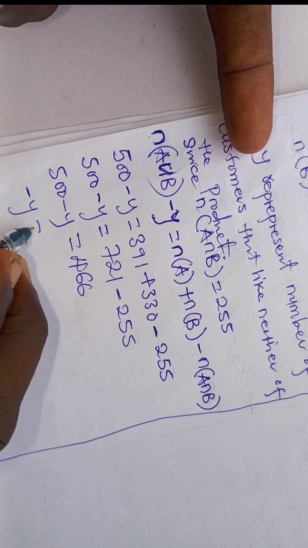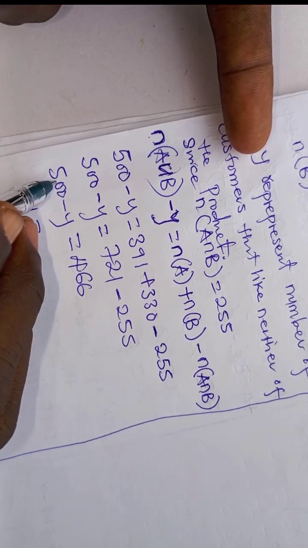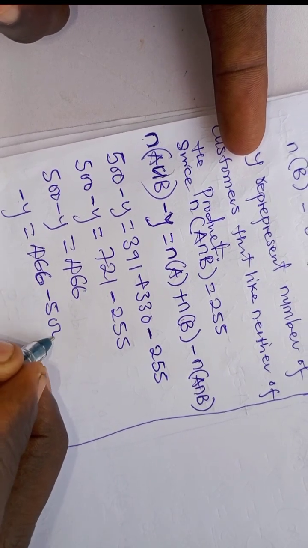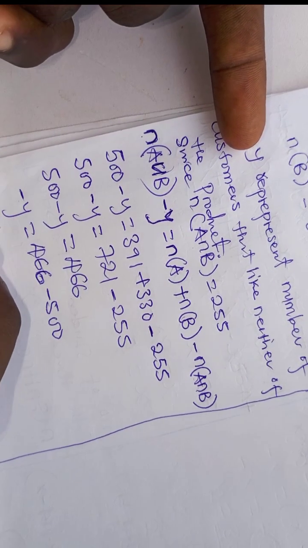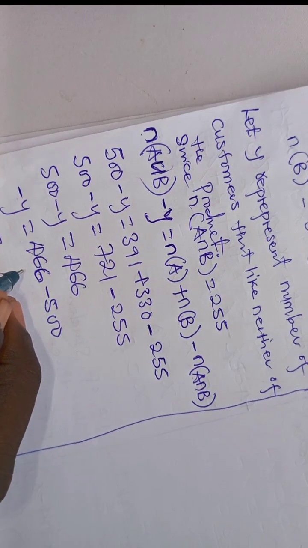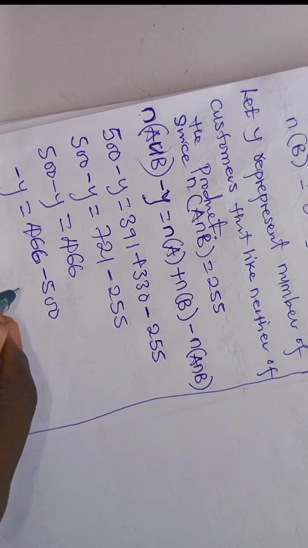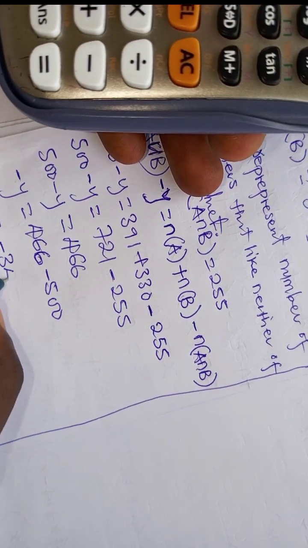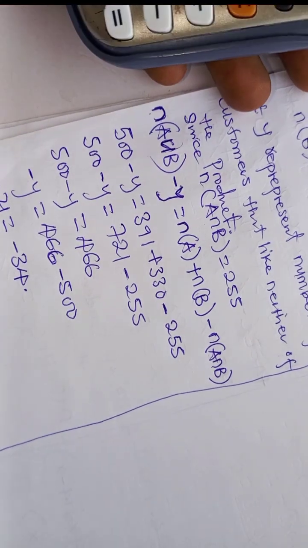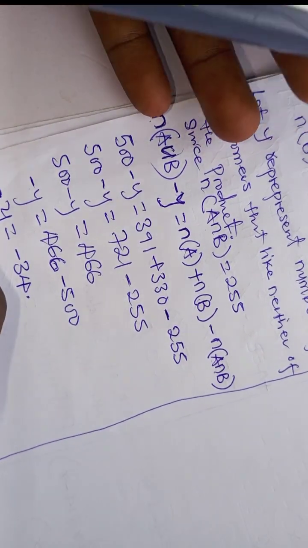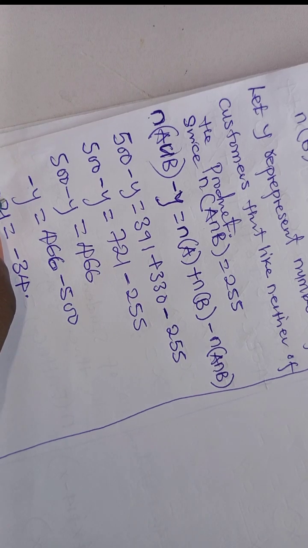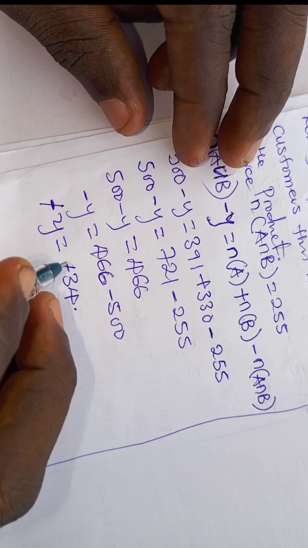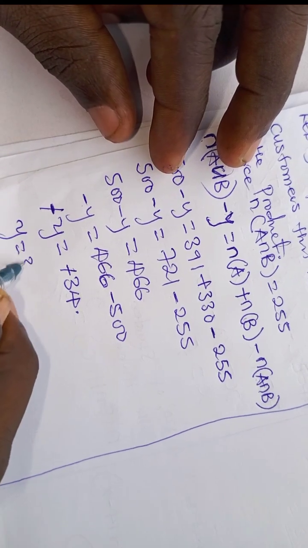So this will be minus y equal to, I will move 500 across the equal sign, 466 minus 500, which gives me minus 34. So minus y is equal to minus 34. Alright, if I divide both sides by minus 1, I can cancel out these minus signs. So I'm going to have y equal to 34.